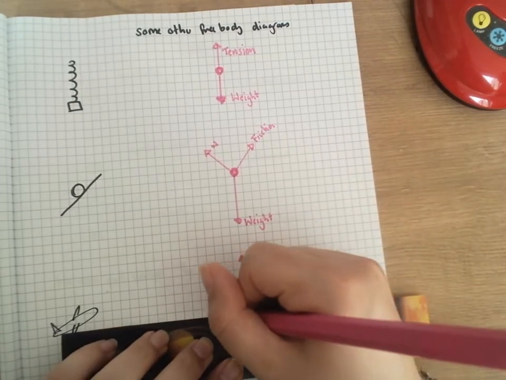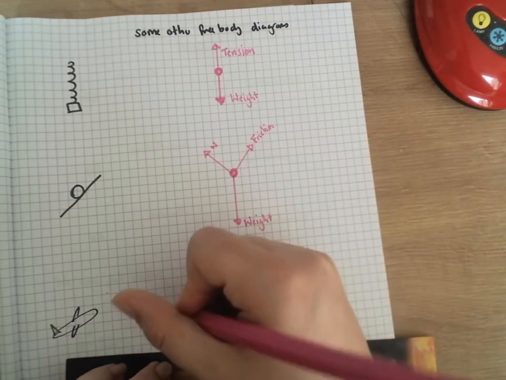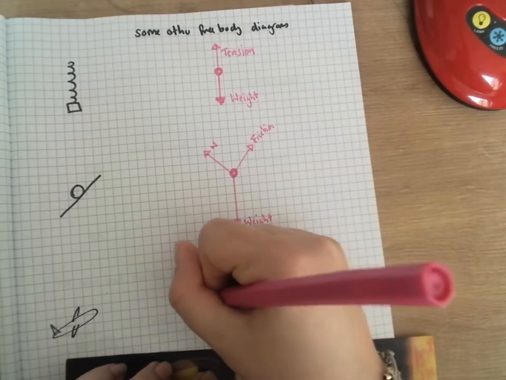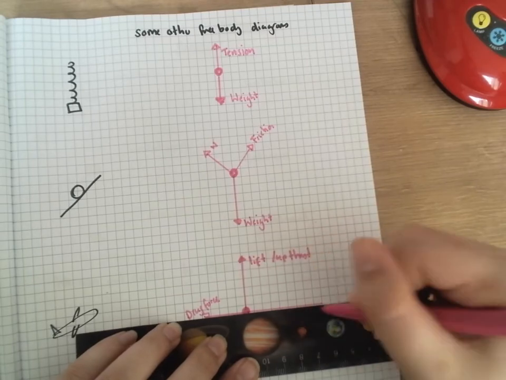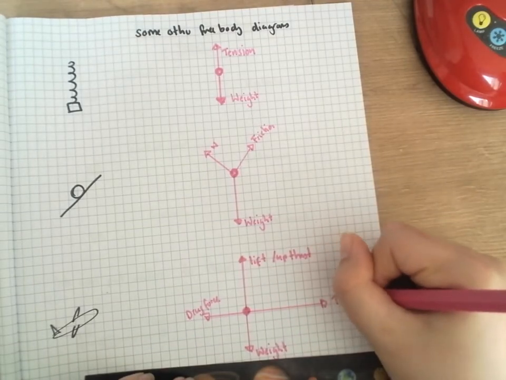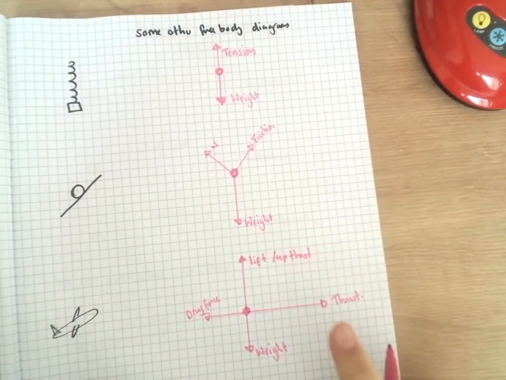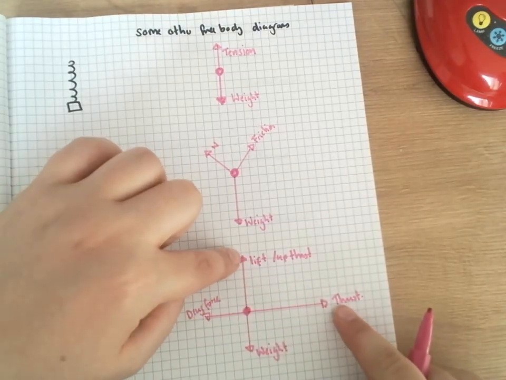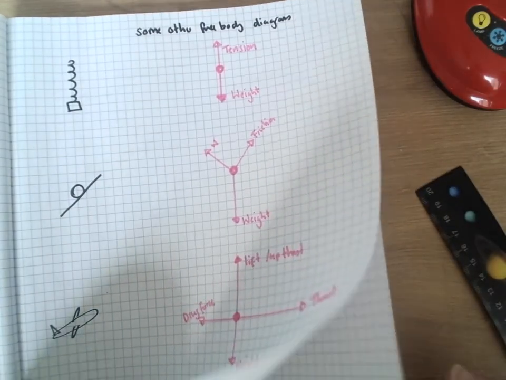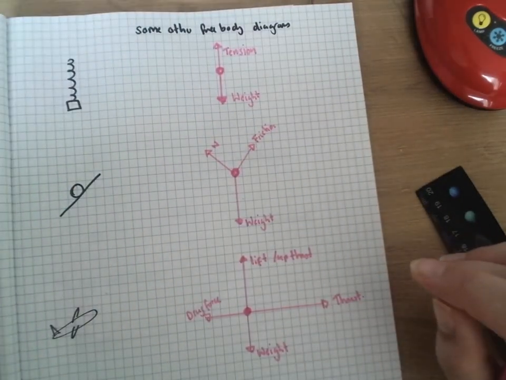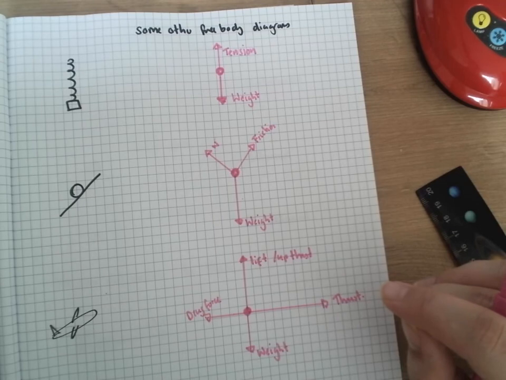We still have some drag force. And we also are going to have a lot more thrust because they are accelerating to take off. So lift and thrust need to be bigger than the drag force and the weight there. And I think, yep, that was the last part here. If you have any other forces that you want me to have a go at drawing, please let me know.